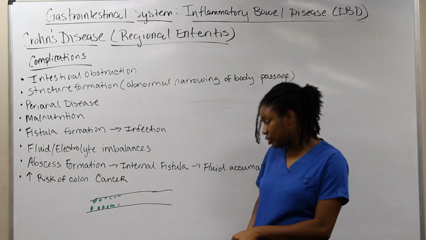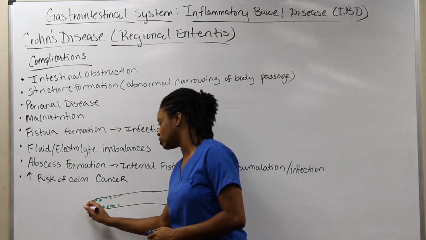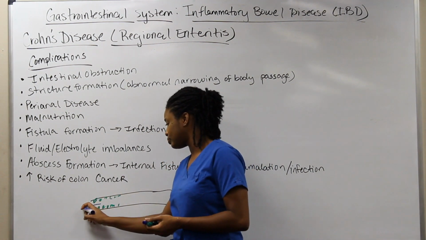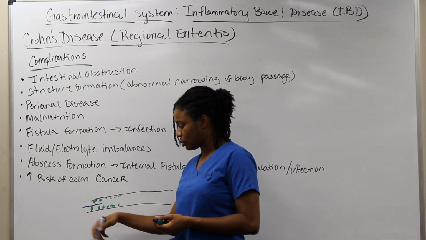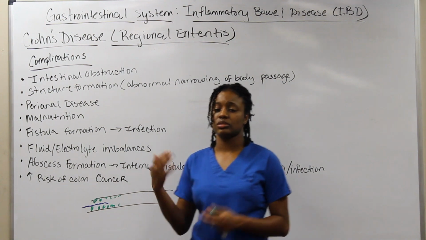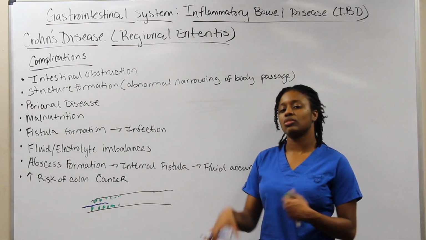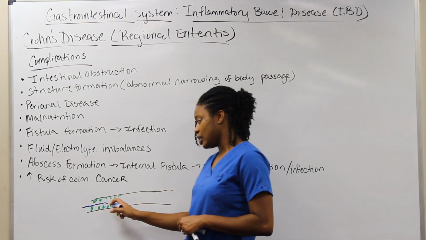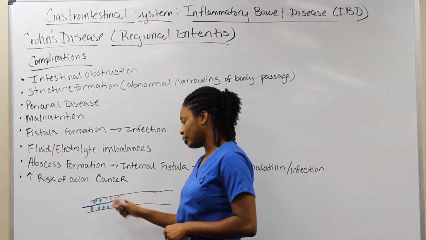So now I have my stool, and my stool is trying to pass, or it could be food, depending on where it's happening in the GI tract, right? If it's happening in the upper part or the lower part of the small intestines, and then it's passing, and now we're going into the large intestines, okay? So whether it's the large or the small, right?